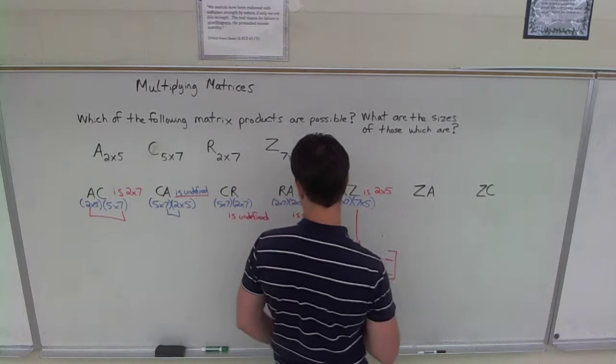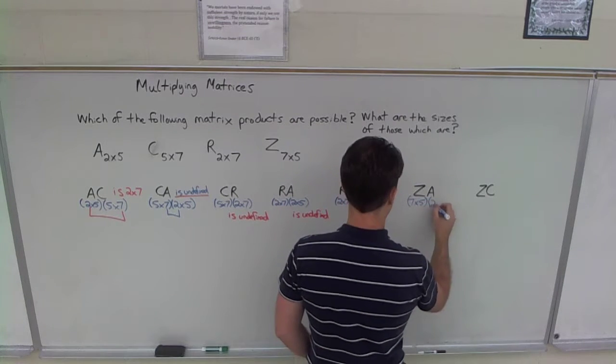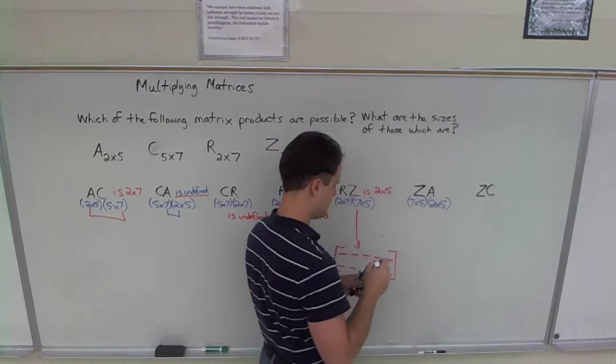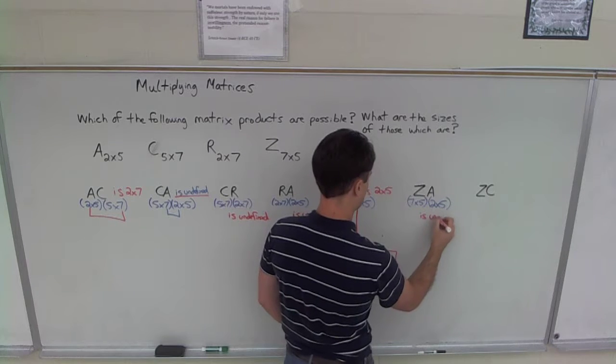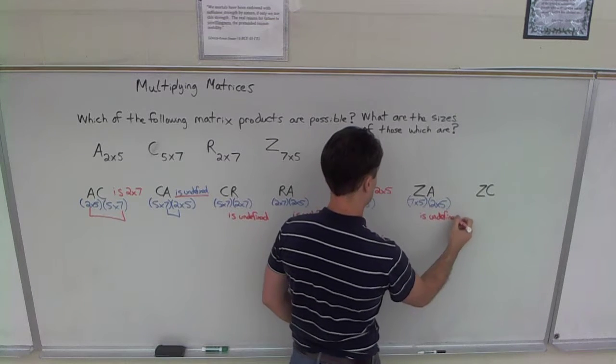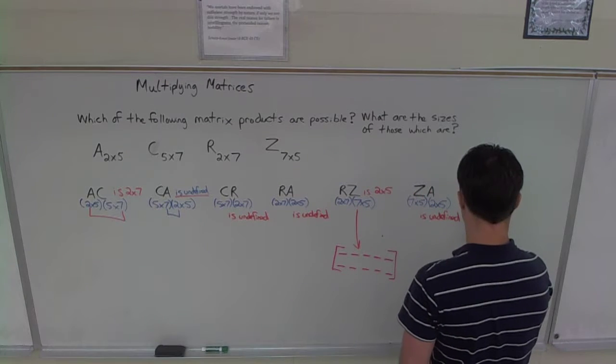So ZA though, can we do that one? It's a 7 by 5. A was a 2 by 5. The inner dimensions don't match, so not something we can do. Alright, ZC. Let's try that one.